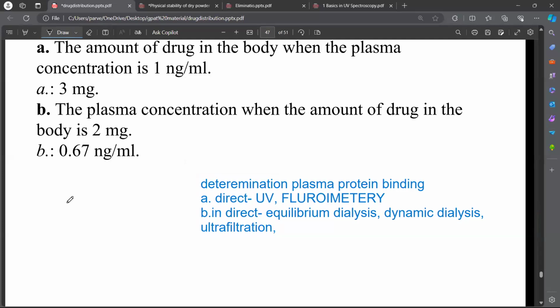Albumin has more binding sites when compared to the other proteins present in our body.